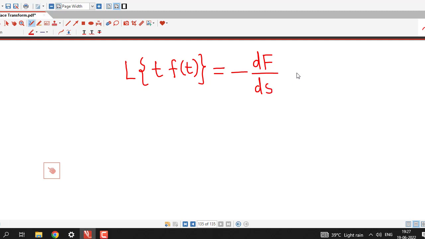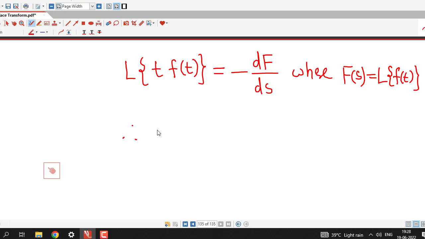We are familiar with this formula of Laplace transform, that the Laplace transform of t into f of t is given by minus the derivative of the Laplace transform of f of t, where capital F of s is nothing but the Laplace transform of f of t.